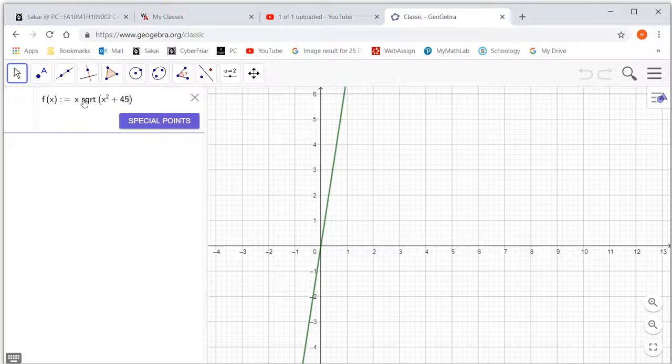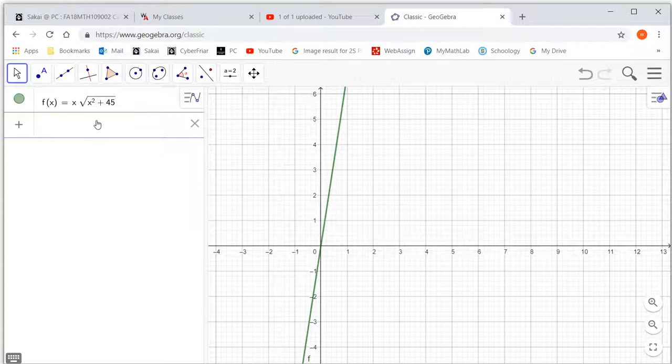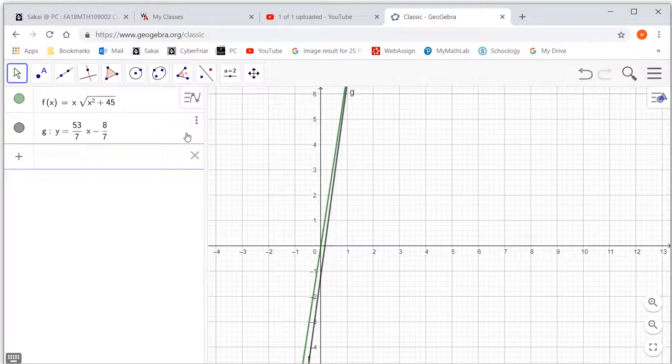So we got that, and then we're going to type in the tangent line. So y is equal to 53 over 7 times x minus 8 over 7. So that's the tangent line there.